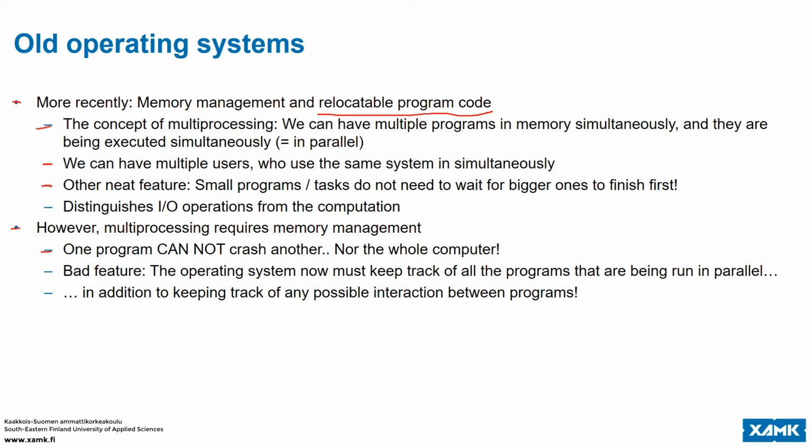So the complexity in this is that now whatever operating system we have has to keep track of all the programs that are being run at the same time, in addition to keeping track of all possible interaction between programs. Sometimes programs need to exchange some data. So also there needs to be some sort of way to share the data if programs want to communicate with each other.